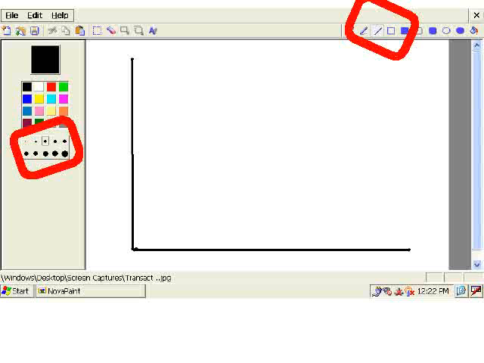Now here we've got the page of the Nova screen on a Nova Paint, and we've drawn up a set of axes here. If you have a look on the left hand side of the screen in that red rectangular shape there, we've used that thickness of the line, and if you look up on the top right hand side of the screen in that red rectangle, we've used that icon.